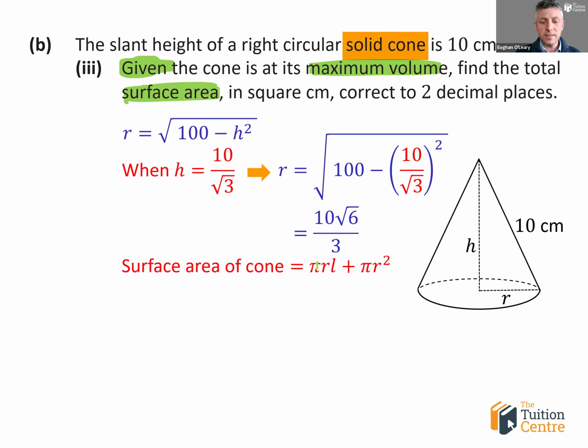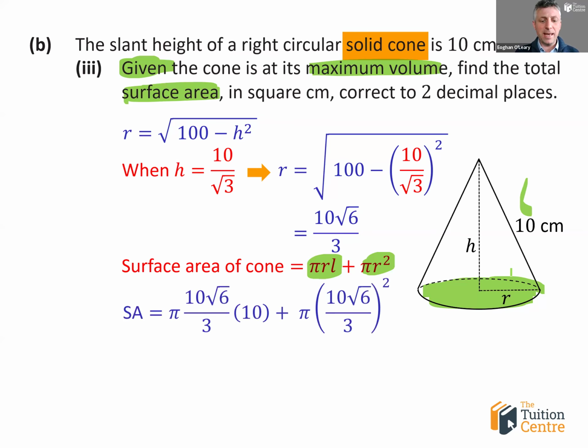The total surface area is pi r L, where L is the slant height, plus pi r squared. So the pi r squared is going to be your circle at the bottom, and your curved surface area is the bit you hold. If it was a conical drinking cup, it would be the bit that you're holding. So we fill in everything we have. We know that L is 10.